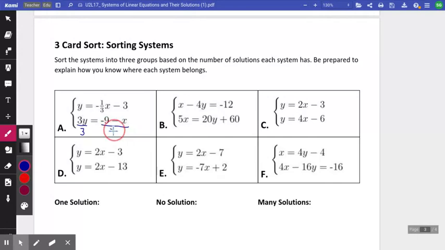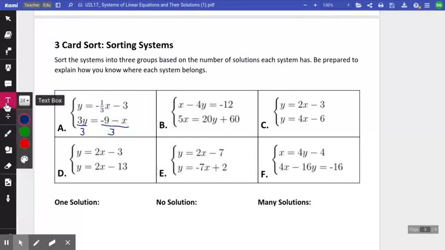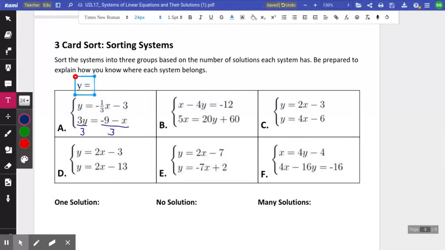So I'm going to go ahead and do that. When I divide both sides of the equation by 3, we get y equals negative 9 divided by 3 is negative 3. And negative x divided by 3 is negative x over 3. Or if you're thinking of that number in front of x as a 1, 1 divided by 3 is 1/3. So we get negative 1/3 x.